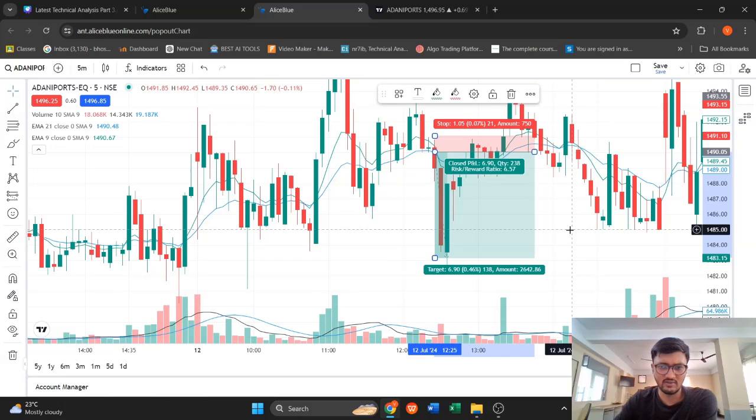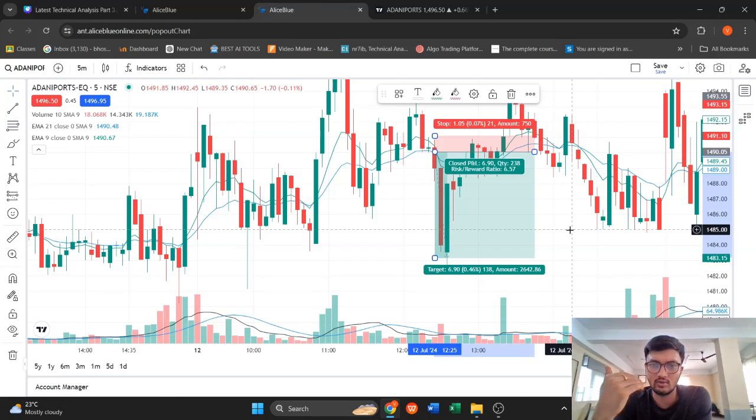And in the previous videos, I was talking about the risk and reward should be at least 2, or 1.5. So you should not take trades if the risk to reward is 1 is to 1, because if you are willing to sacrifice 1 rupee to earn 1 rupee, that won't fill the equation. If you are sacrificing 1 rupee on a gain of 2 rupees, then it makes much more sense, or more than that.